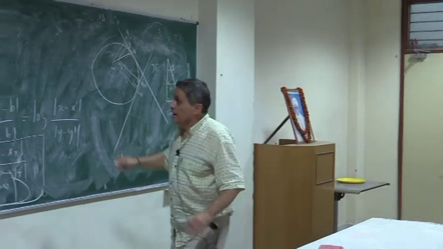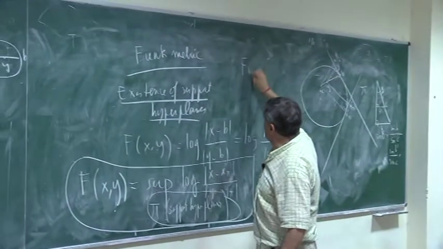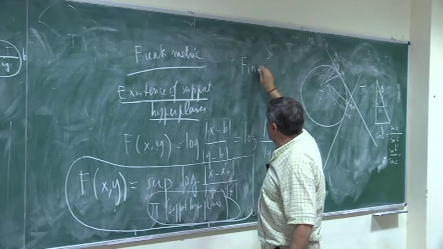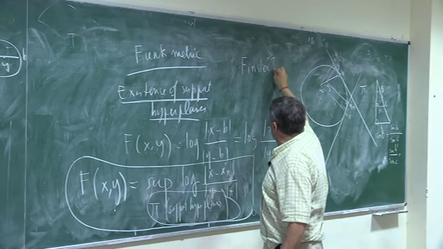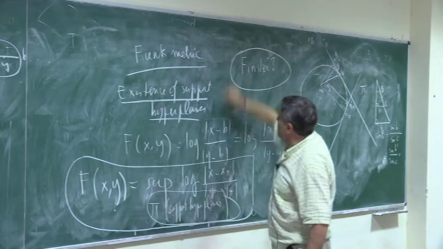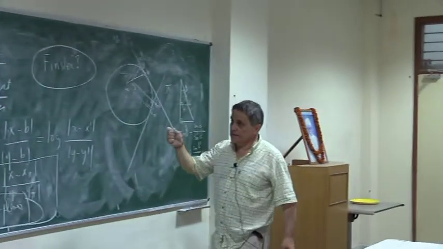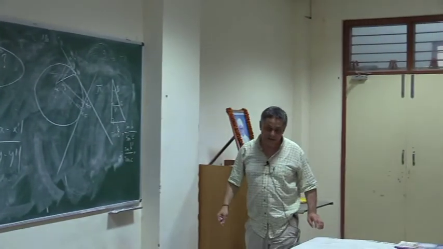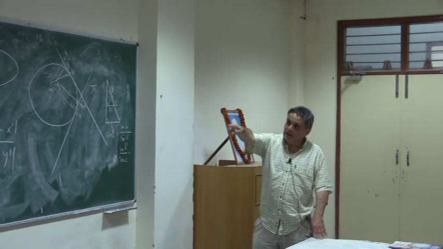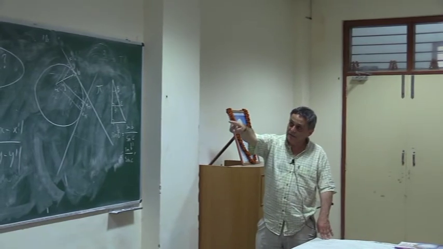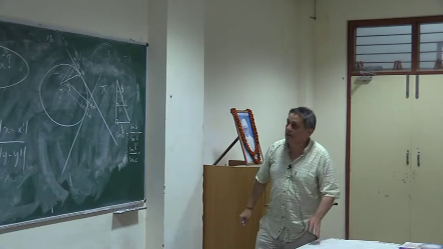I want to stop here because it's finished, but you can ask, what about the Finsler geometry of this? Last time I explained to you that the Funk metric is a Finsler metric. I can explain to you next time why this is a new Finsler manifold.